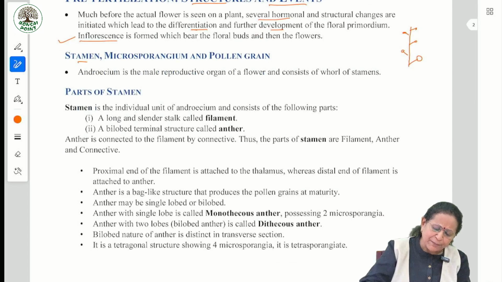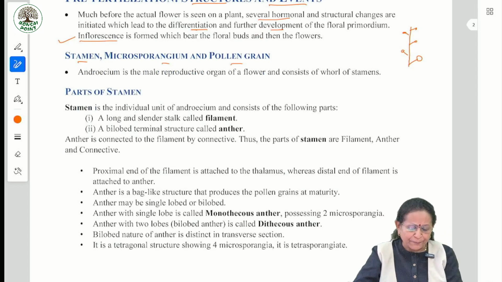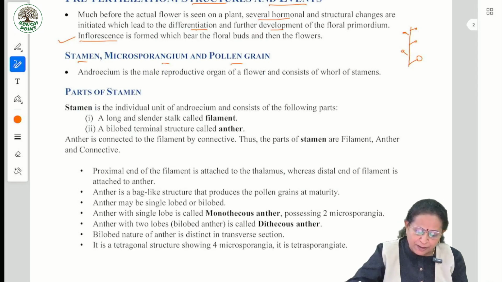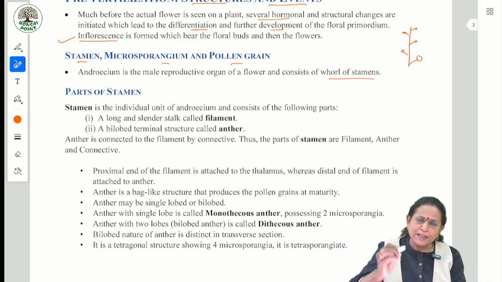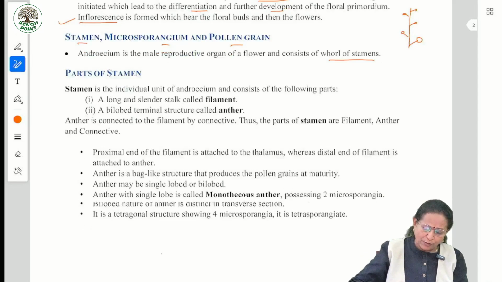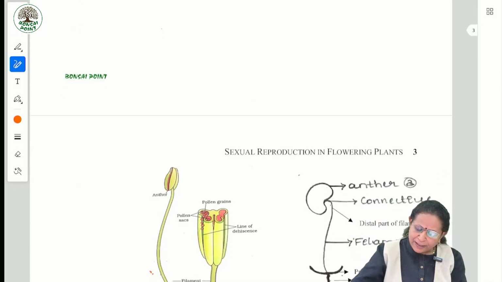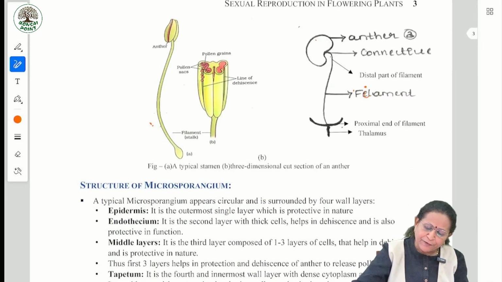Now, what is a stamen, microsporangium and pollen grain? Androecium is the male reproductive organ of a flower, and it consists of whorl of stamens. Individual unit of androecium is said to be stamen. What are the parts of a stamen? Filament, anther, and then connective.